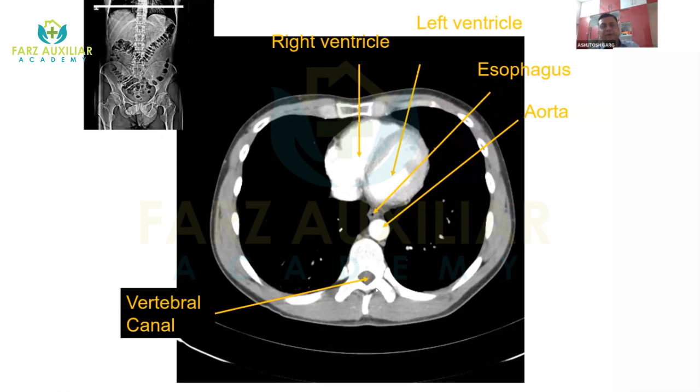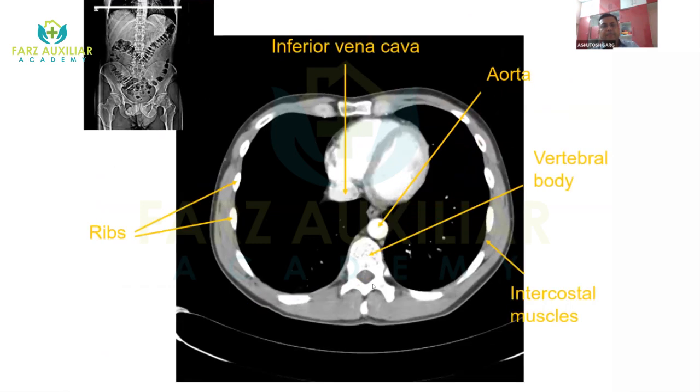This is the vertebral body, and air in the vertebral canal. You can see the ribs, and this is the inferior vena cava, which opens into the RA, then RV. Then this is the aorta and the vertebral body, and between the ribs there are intercostal muscles.